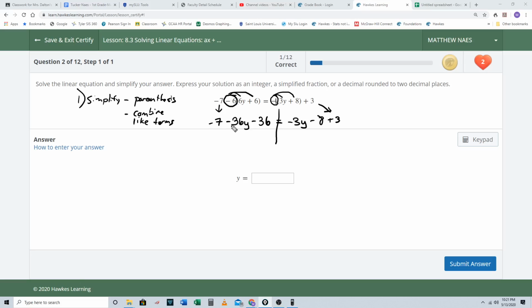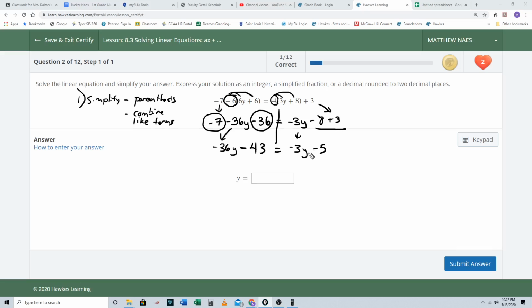I don't have any other y's over here, so I'm just going to bring down the negative 36y. But negative 7 and negative 36, since they're both negative, you're going to add them together. Negative 7 and negative 36 is negative 43. Like terms here, negative 8 and positive 3, so bring down the negative 3y. Negative 8 plus 3 is negative 5.